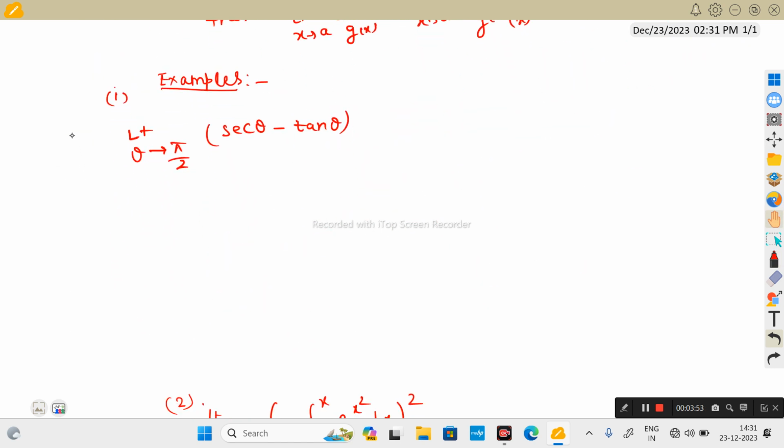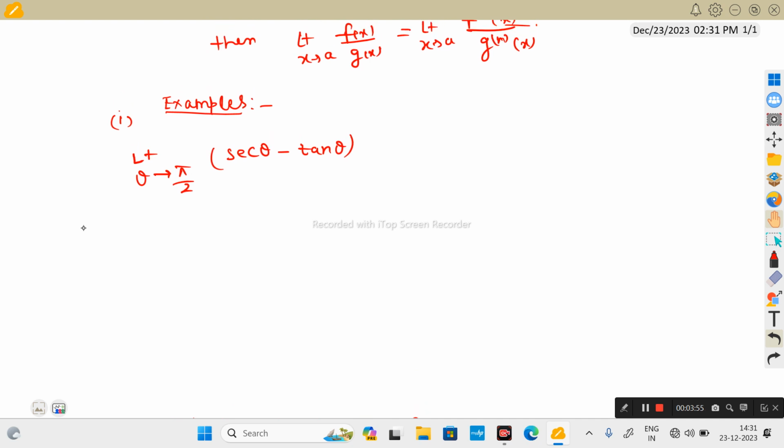The first example given is the limit as theta tends to pi by 2 of sec theta minus tan theta. We are going to solve this limit by using the L'Hopital rule.